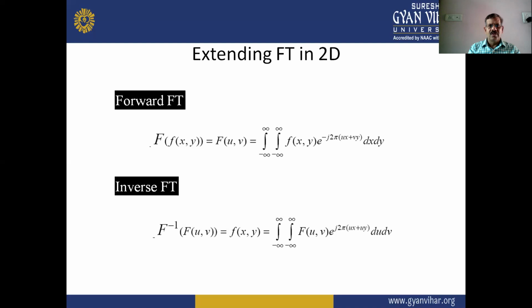And the second is the inverse Fourier transform: f(x,y) equals the double integration from minus infinity to plus infinity of F(u,v) e to the power j 2 pi (ux plus vy) du dv. So this is the extension of the Fourier transform to two dimensions.